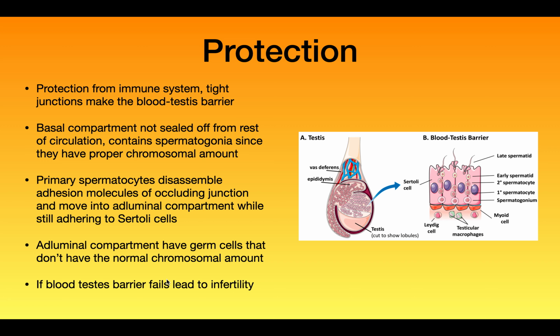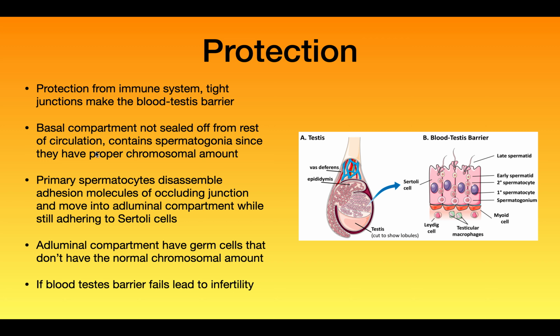I say autoimmune because it's your own body attacking your own germ cells, but these cells are not your own, if that makes sense. These cells are going to be your children's cells. But anyway, if the blood-testis barrier fails, it's going to lead to infertility because the immunologic attack is going to just wipe out all of the germ cells.